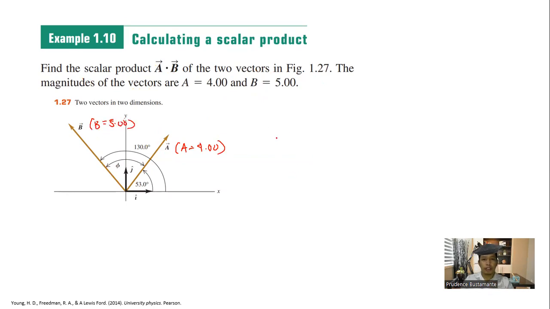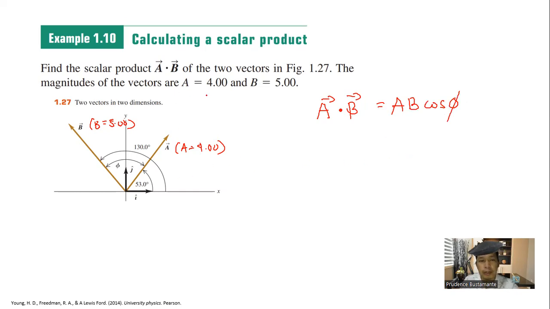By definition, we introduced two formulas about the dot product of two vectors. The first formula: A dot B is equal to the magnitude of A times the magnitude of B times cosine of the angle between them.